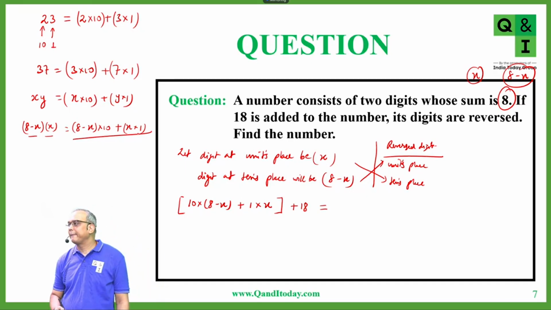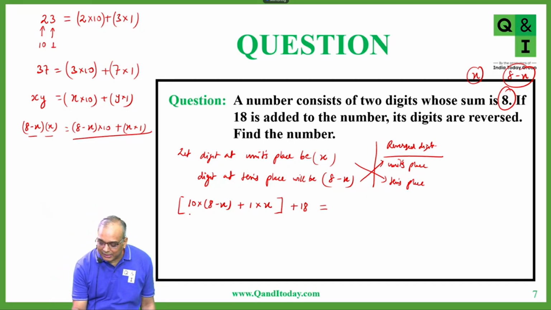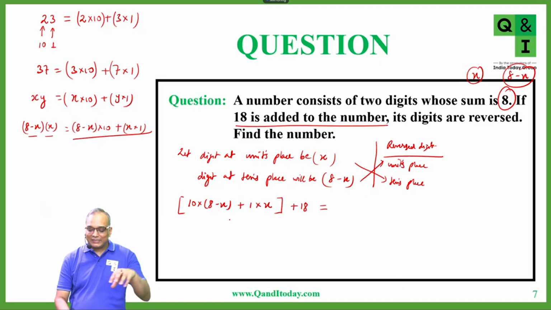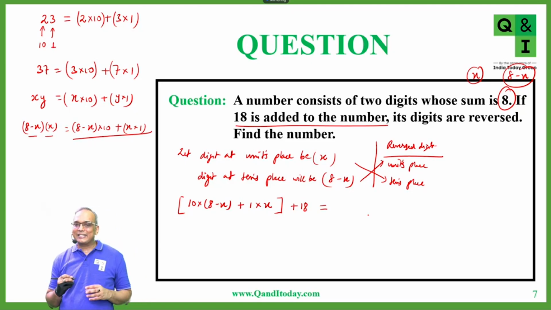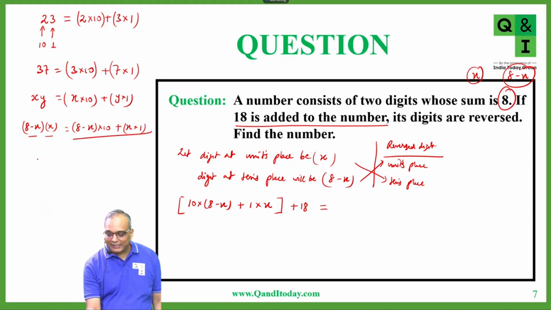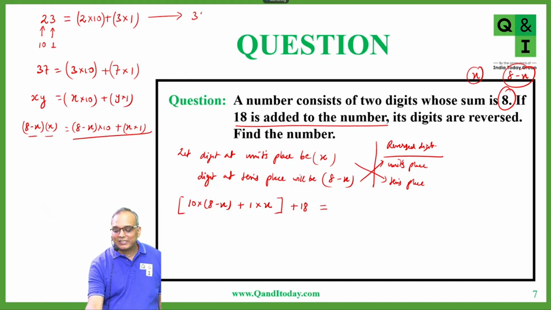Yes, sir. Now this is my number, 10 times 8 minus x plus x into 1. Now it is saying if 18 is added to this number, the digits get reversed. Means my tens place digit will go at units place and units place will come at tens place. For example, 23, when the digits reverse, becomes 32. 37 becomes 73.